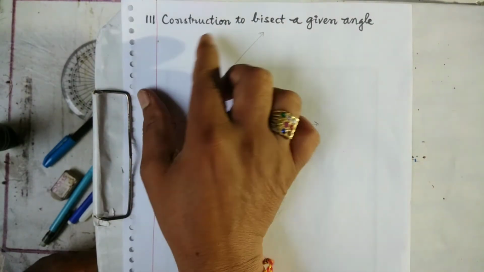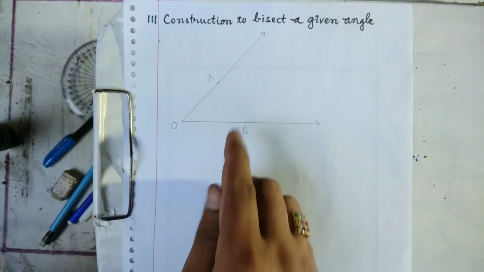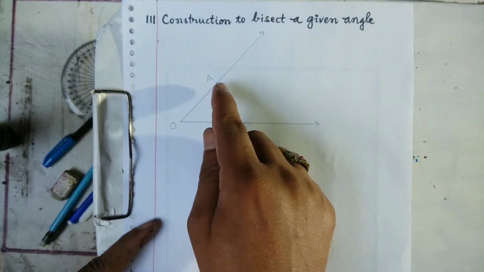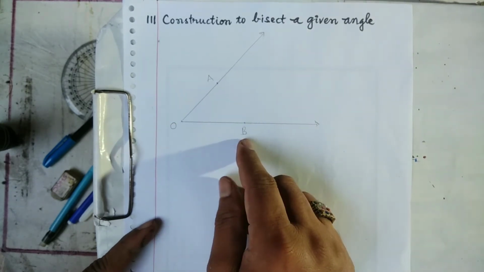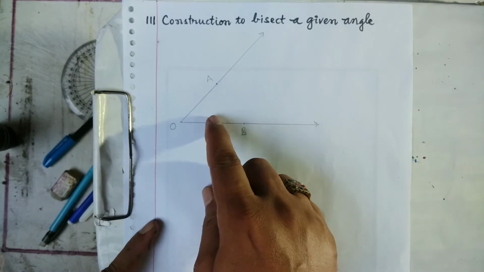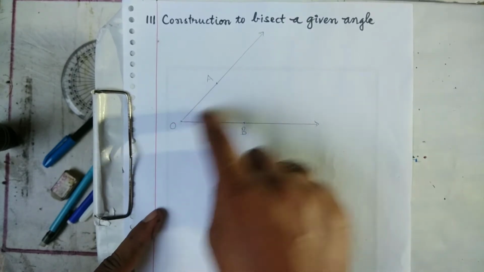Third one, construction to bisect a given angle. Here is a given angle AOB. We don't know the measurement of this angle, but we have to bisect.